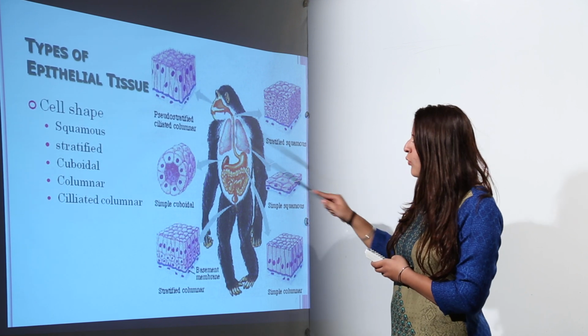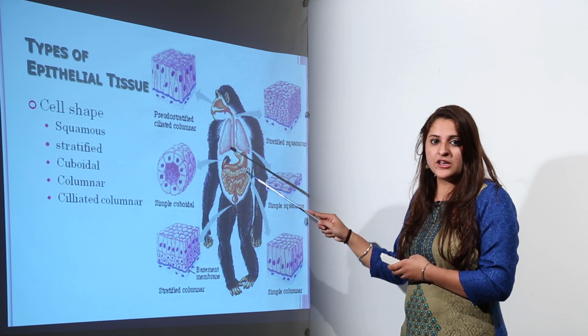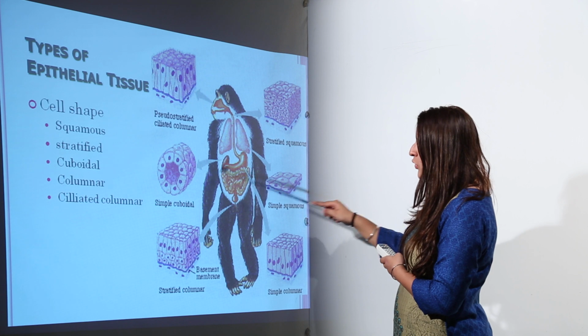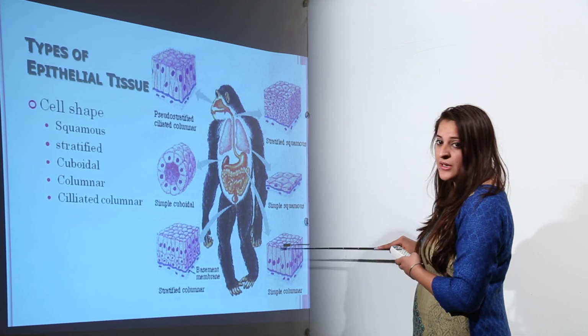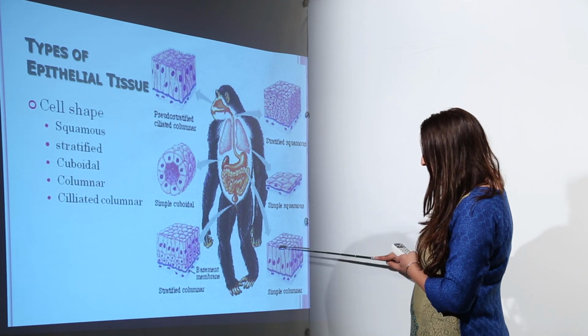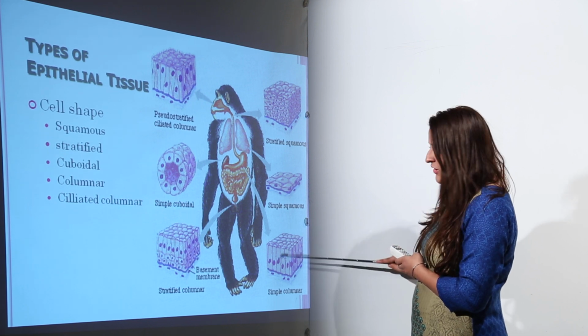The next is the cuboidal epithelium. Cuboidal epithelium is present in the tubules of the kidney or in the salivary glands. So, this is a cuboidal epithelium. Next is the columnar epithelium. Simple columnar epithelium consists of elongated, tall cells.